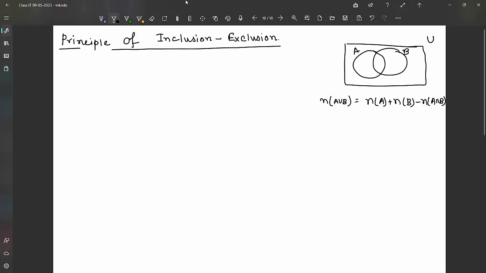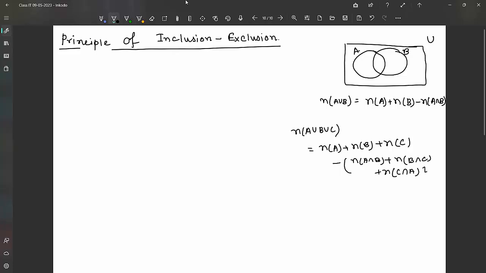If it is a 3 set, n of A union B union C, then it will be n of A plus n of B plus n of C, then minus n of A intersection B plus n of B intersection C plus n of C intersection A. We are taking one minus outside and taking common of all these things, and plus n of A intersection B intersection C. So this is the inclusion exclusion principle.